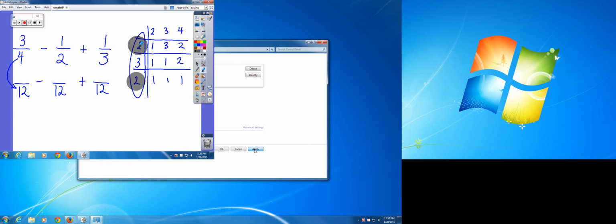So 3. 3 times 3 is what? 9. Of course, 2 will go into 12, cover up 2. How many times? What's 2 times 3? 6. 6 times 1 is 6. And 3 will go into 12 how many times? 4 times 1 is 4.